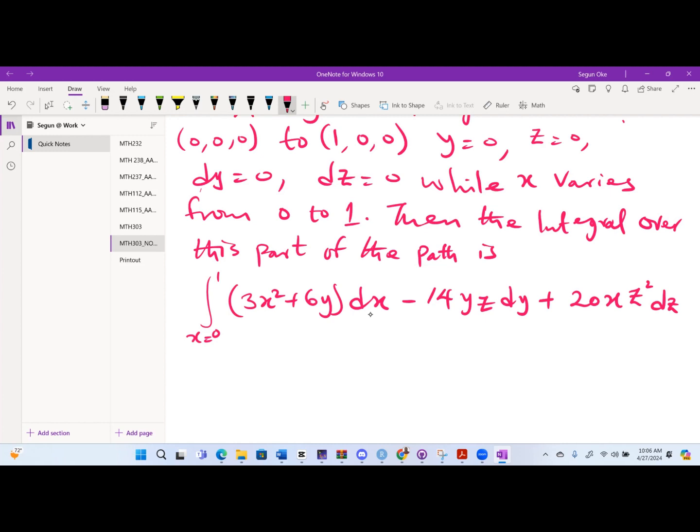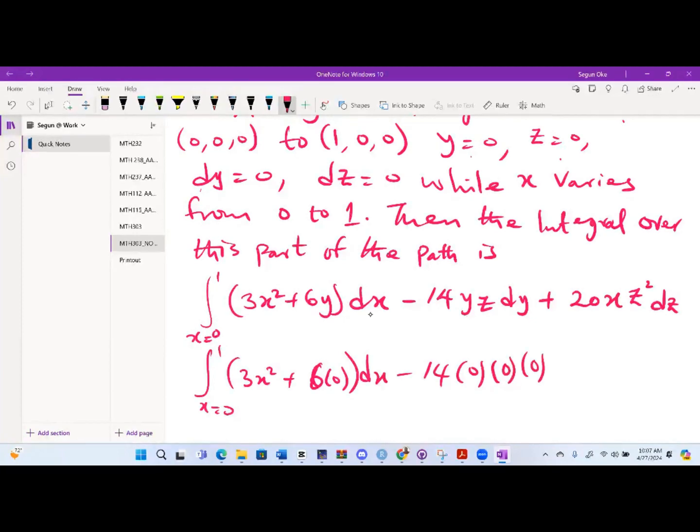So it simply means that y is equal to 0, z is also equal to 0. Anywhere you see those ones, substitute it. So you substitute: 3x squared plus 6(0) dx, minus 14(0)(z) d(0), plus 20(0)z squared d(0).